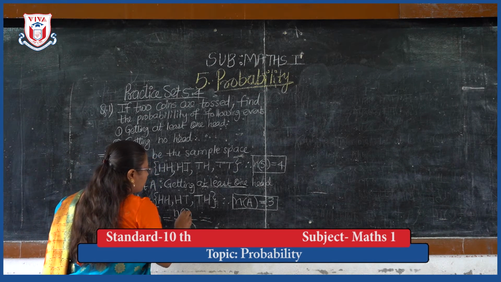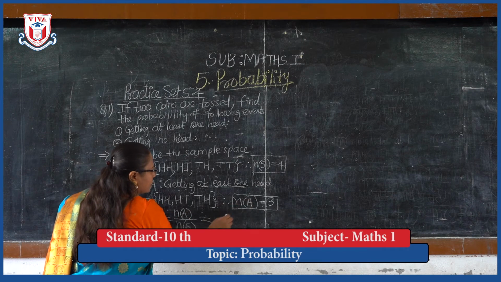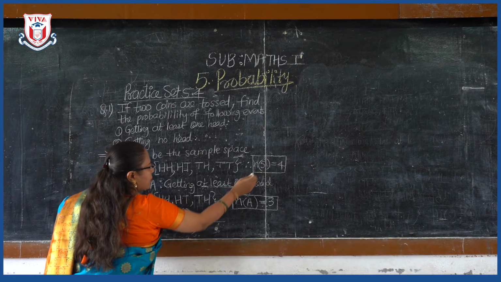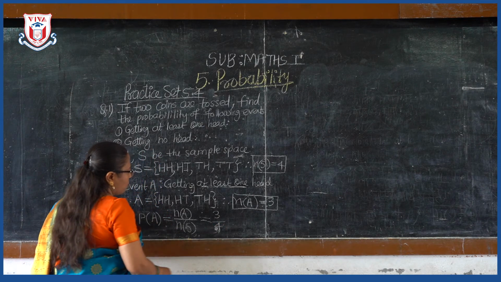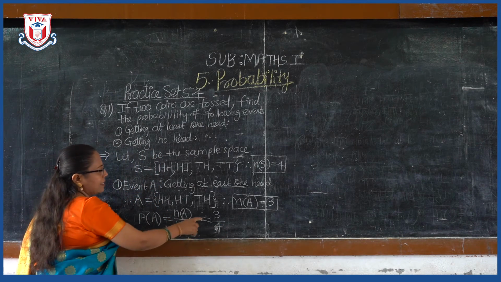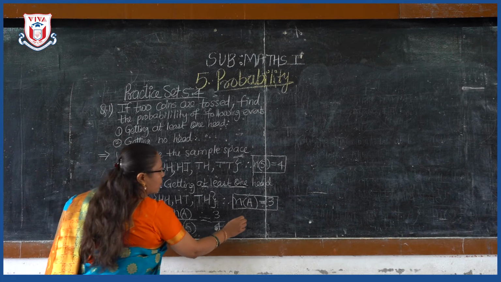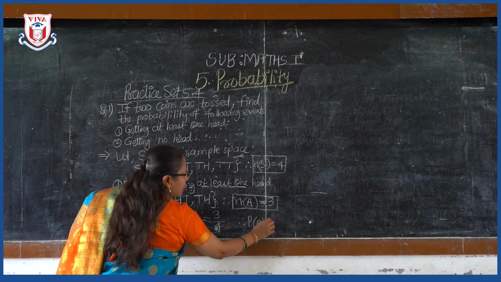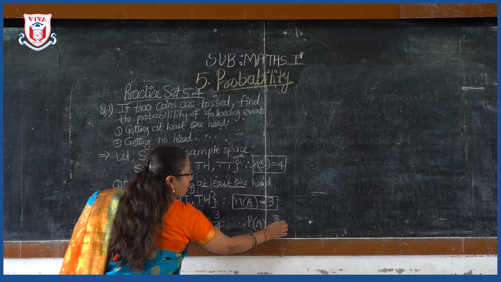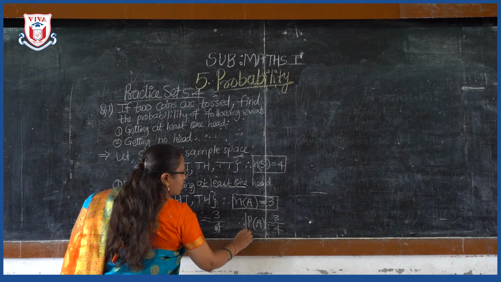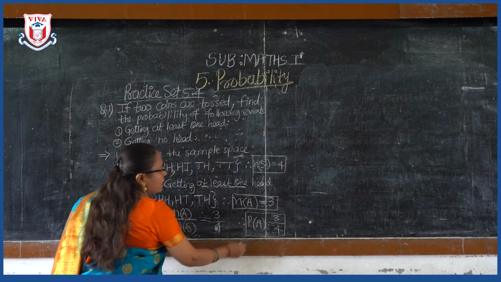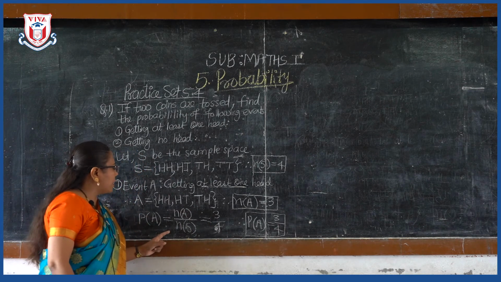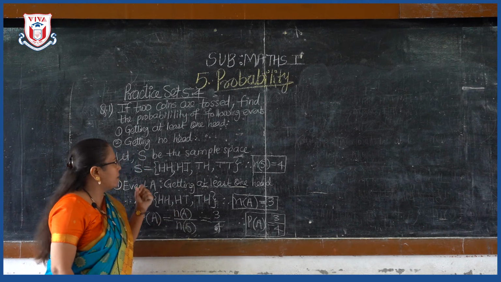The number of sample points in A is 3 and the number of sample points in the sample space is 4. So we got probability of event A equal to 3 upon 4. Therefore P(A) = 3/4. This way we can calculate the probability of any event.